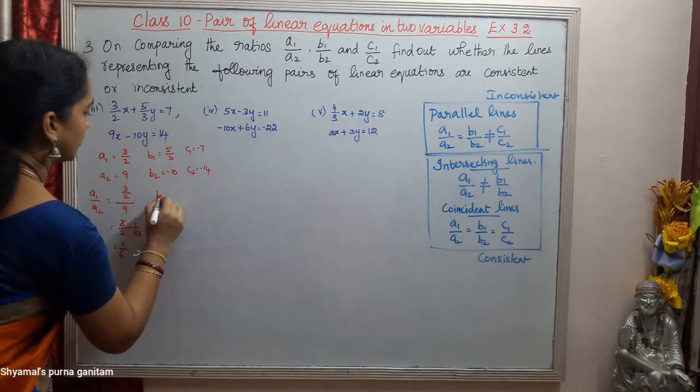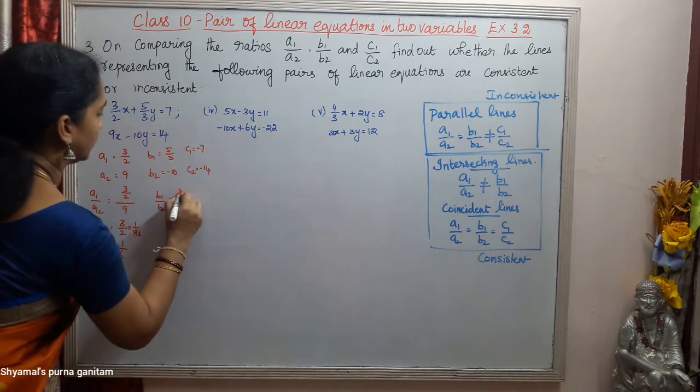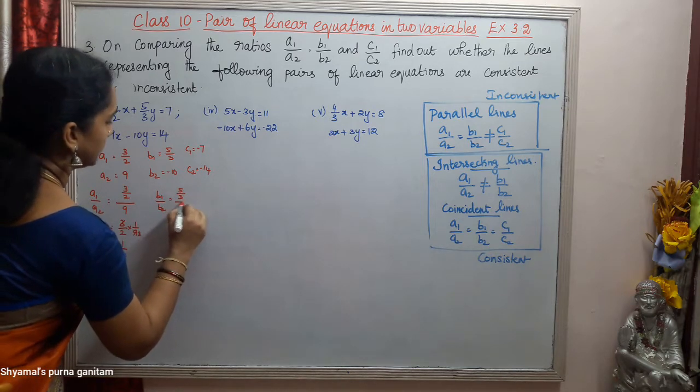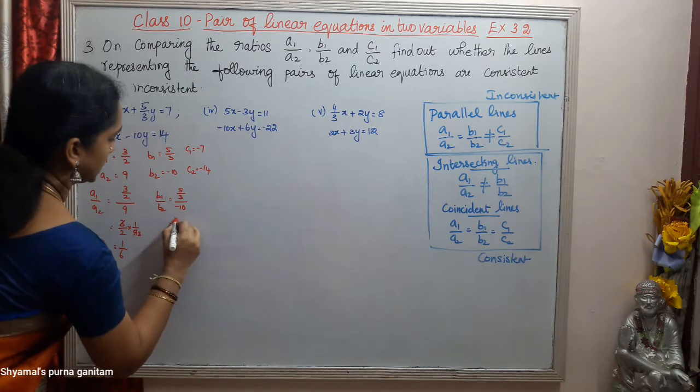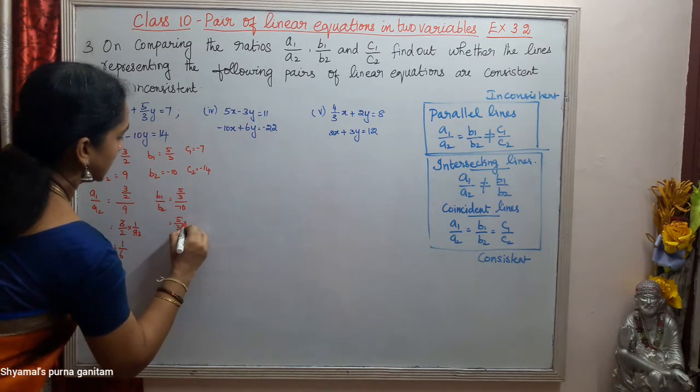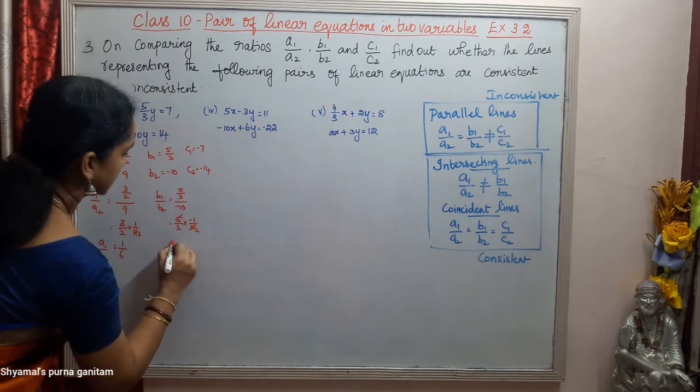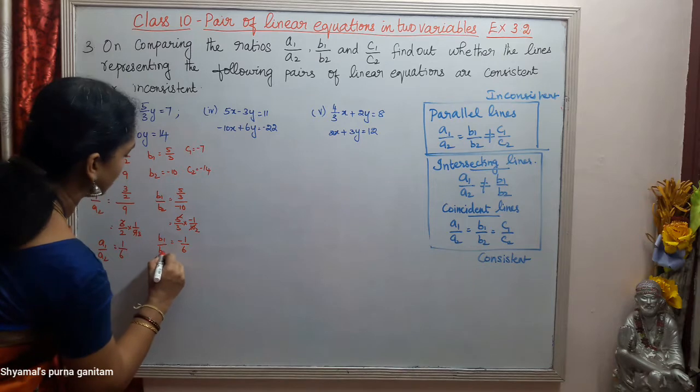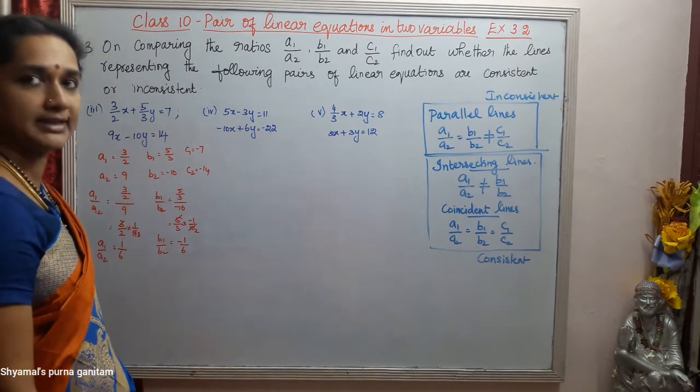Then in the same way B1 by B2 is equal to 5 by 3 divided by minus 10. So this will be 5 by 3 into minus 1 by 10. So 5 and 10 get cancelled. We will get B1 by B2 equal to minus 1 by 6.